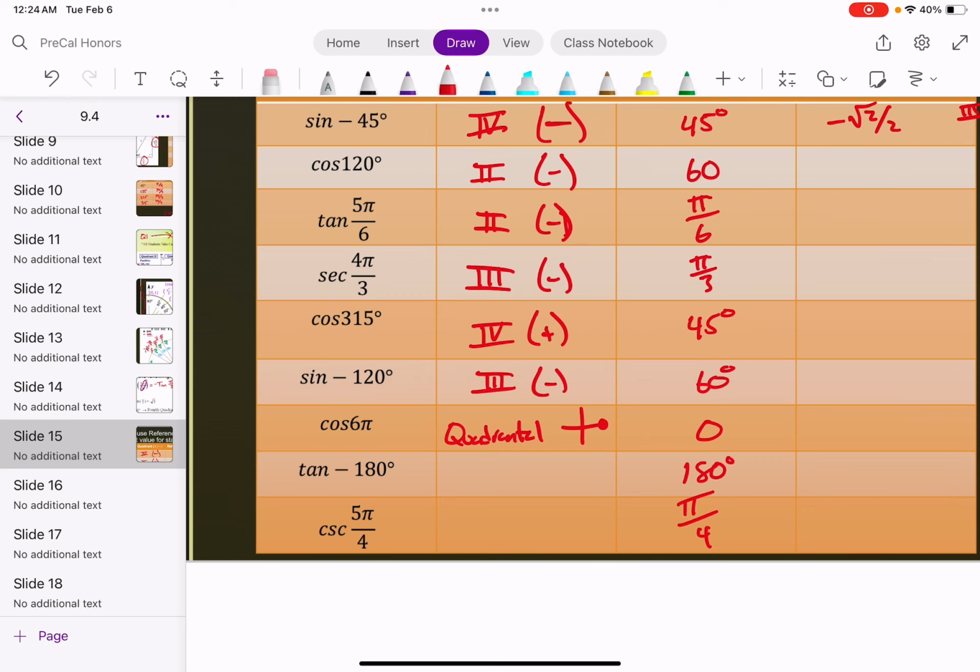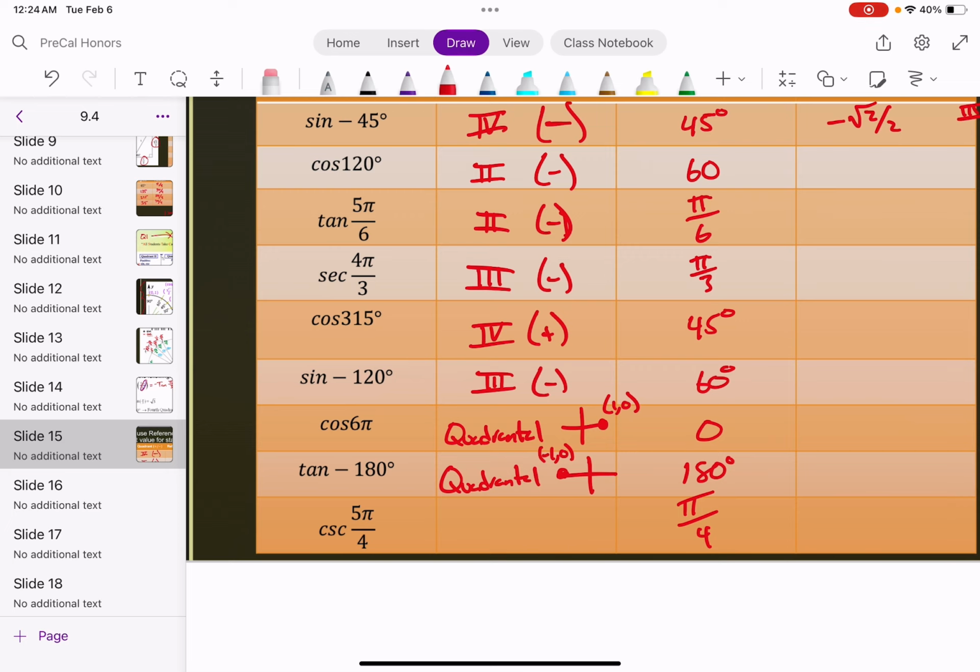Our tan of minus 180. Notice once again that is a quadrantal. But because it's on the 180, you are no longer on that right side. You are actually on the left side. Remember, this would be 1, 0. This would actually be negative 1, 0.